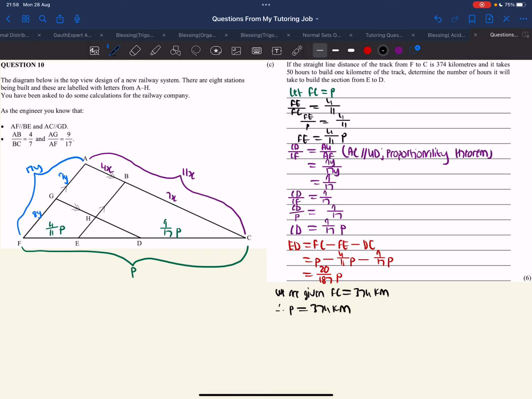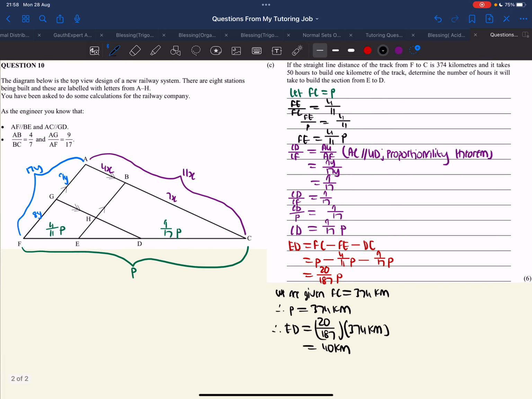Now to calculate ED, we can say that ED is going to be equal to 20 over 187 multiplied by 374. The answer that we get there is 40 kilometers, right?